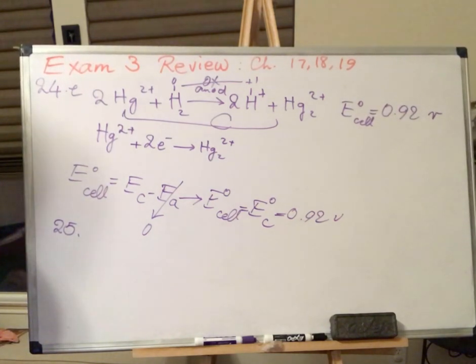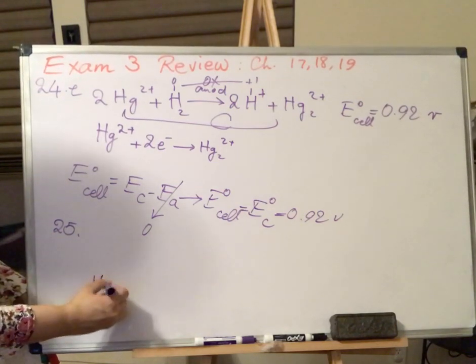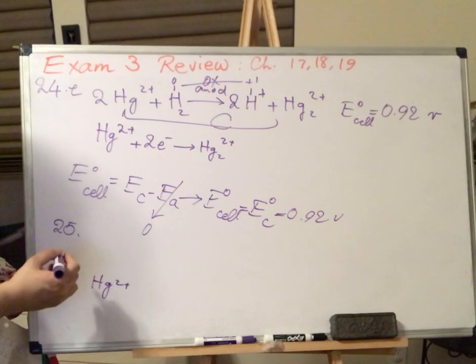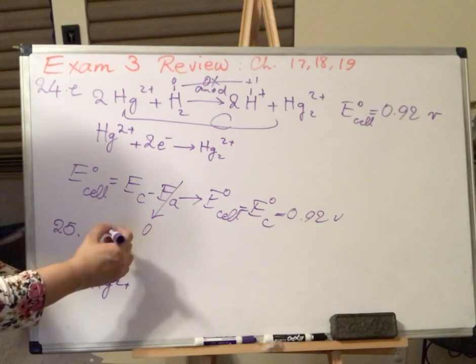Question 25. I'm not going to write everything about all the equations because it's much easier than that. It's giving you some equations with the electrode potential. It says, under standard state conditions, which of the following metals will reduce Hg to Hg here? Will make Hg2 happen, but will not reduce cadmium.